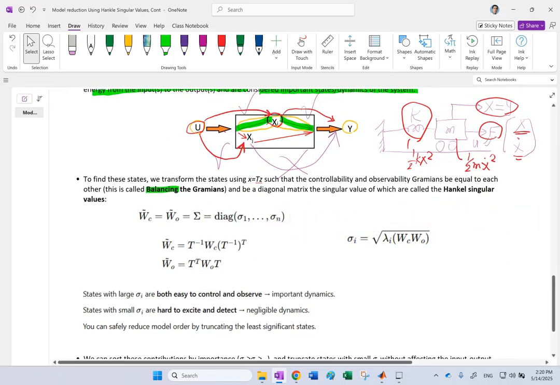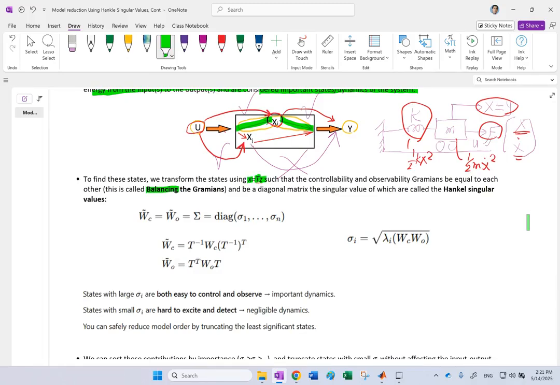This is how you do it. So you transform your states from X to Z by the transformation matrix T. If you do that, your observability Gramian becomes this. This is the transformed version of it. And your controllability Gramian becomes this.